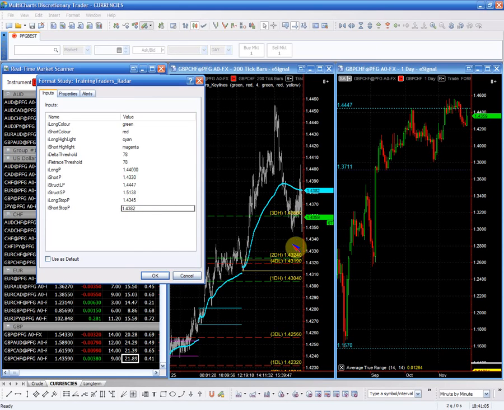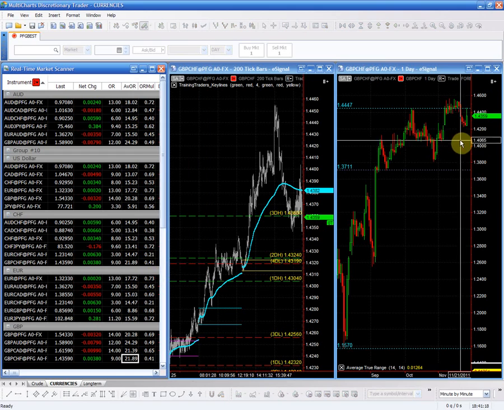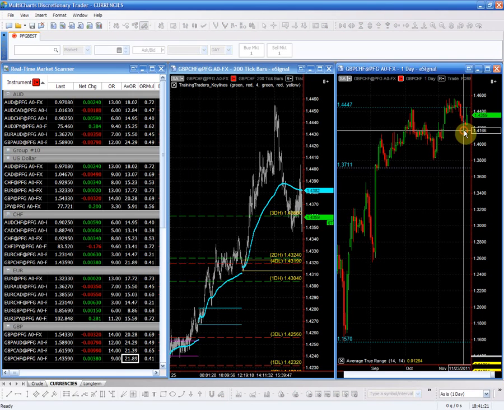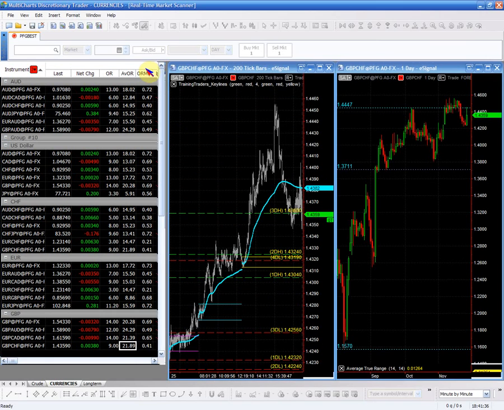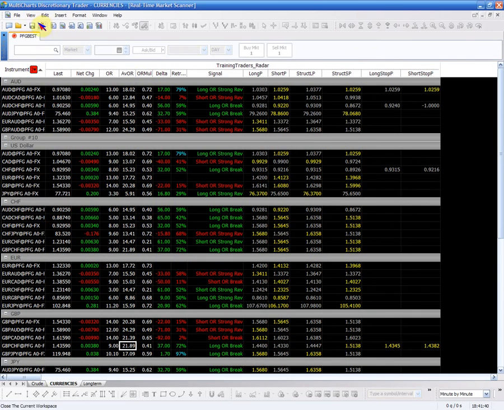So I'm going to go short over here, and my structure short point is going to be this point over here, which is 142.27. So my structure short point is 142.27.